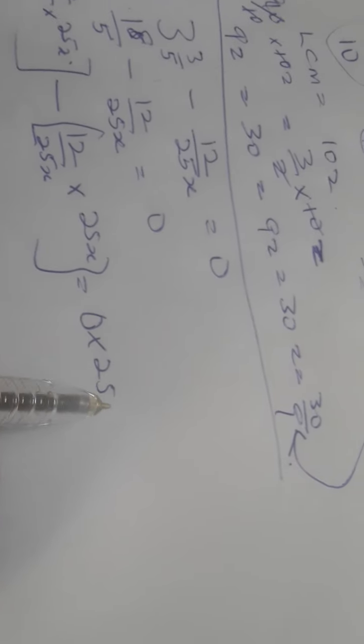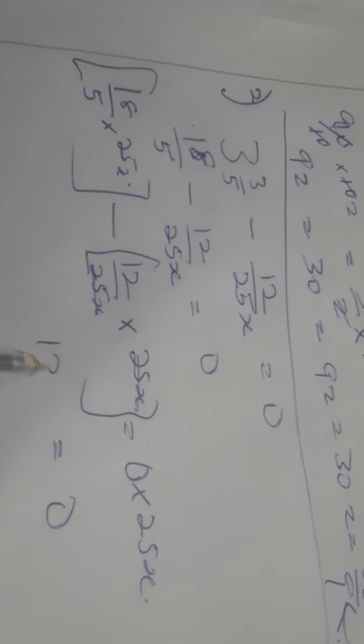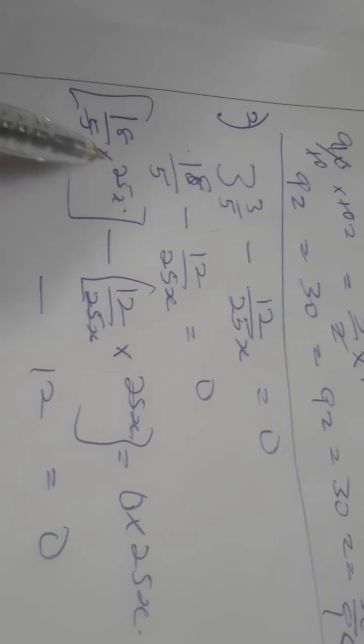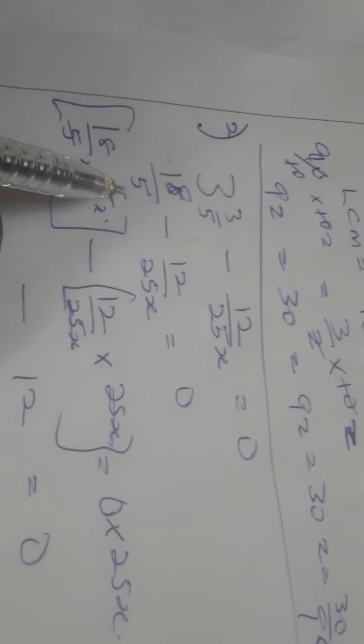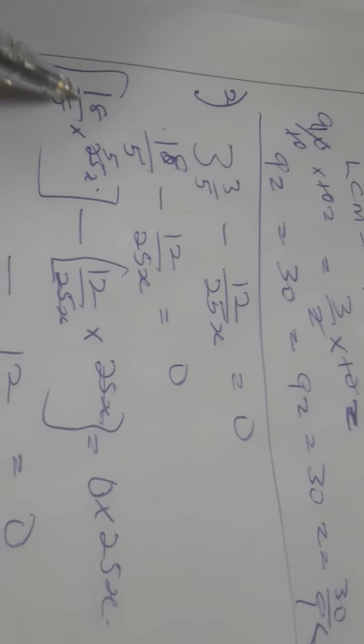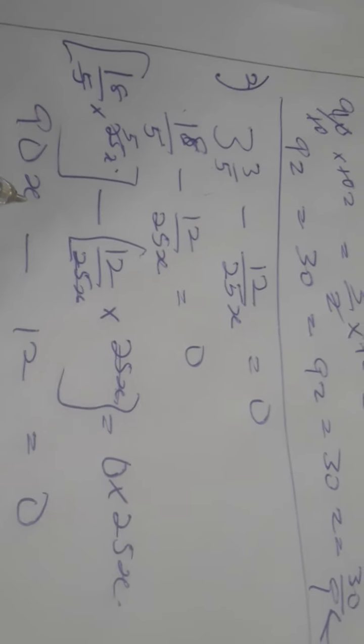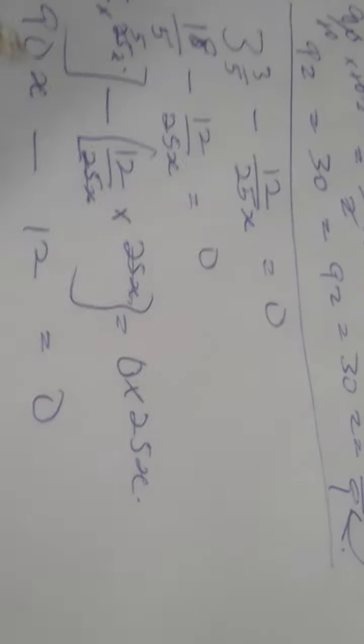That's our second term. 0 times 25x, so this gives you 0. Now this would cancel this out, and you would have 12. 5 would cancel 25, and you would have 5. So you have 5 times 18, 5 times 18 is 90. So you have 90x minus 12 is equals to 0.